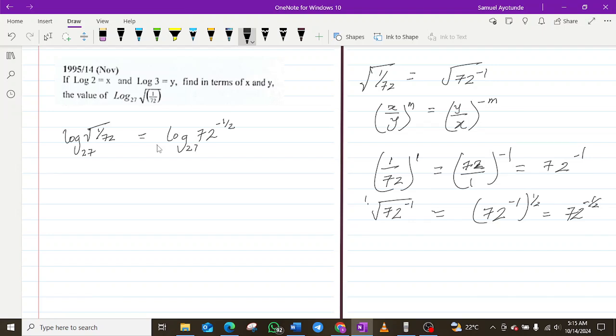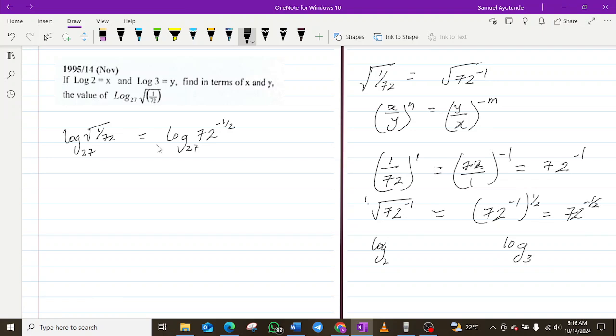Then we have base 27. So let's apply the change of base from here. I will be introducing an entirely new base. Which base should I use? Let's use base 10. Why am I using base 10? Because we have log 2 and log 3 as the values we are replacing.